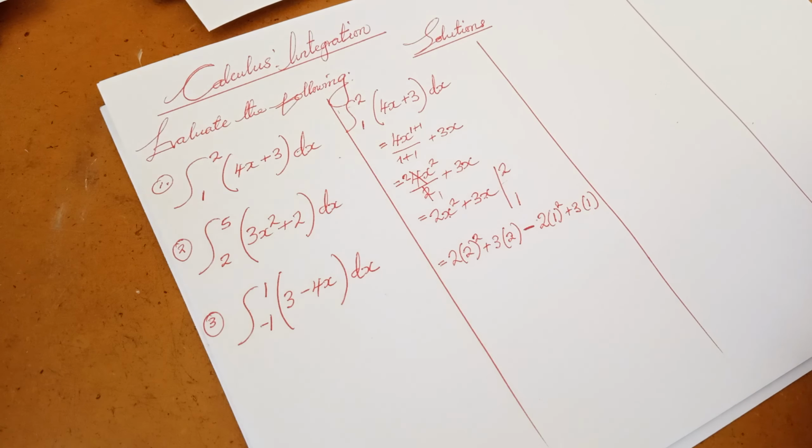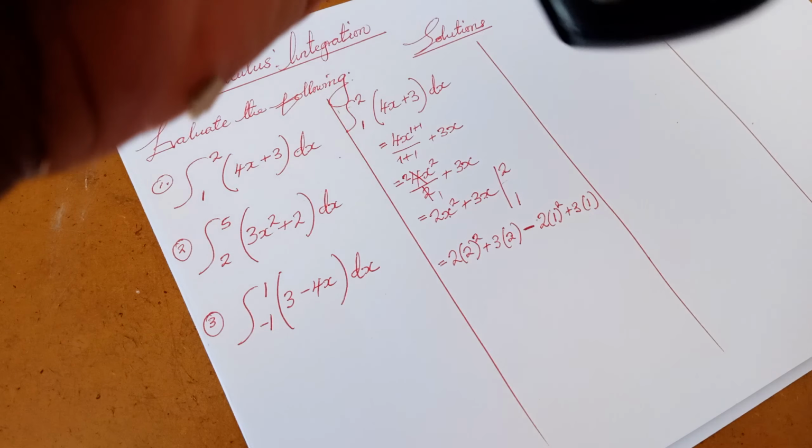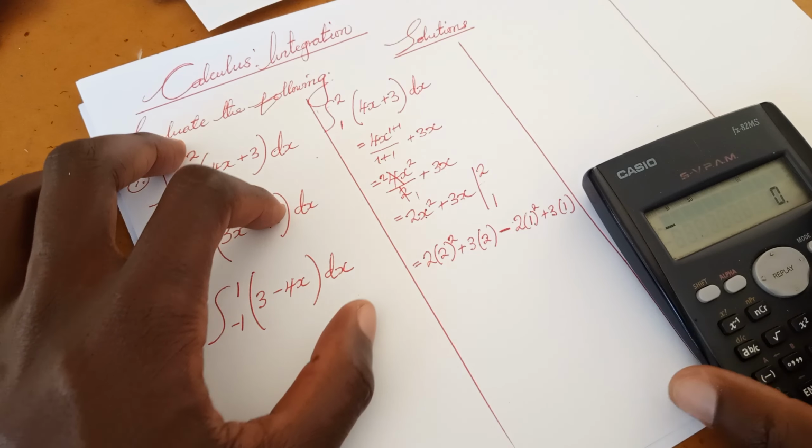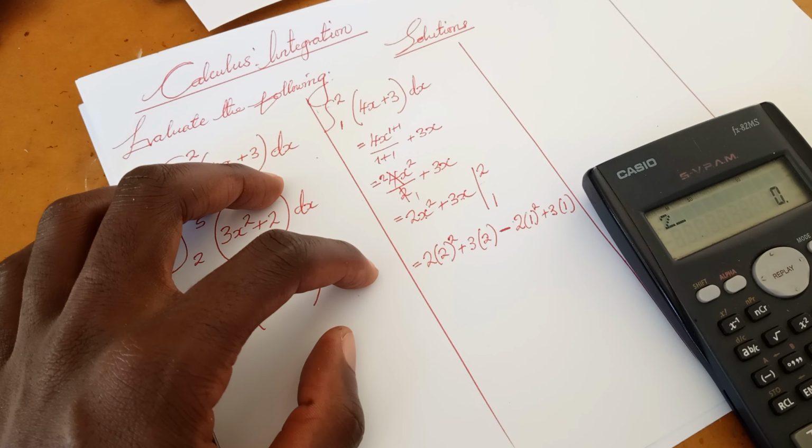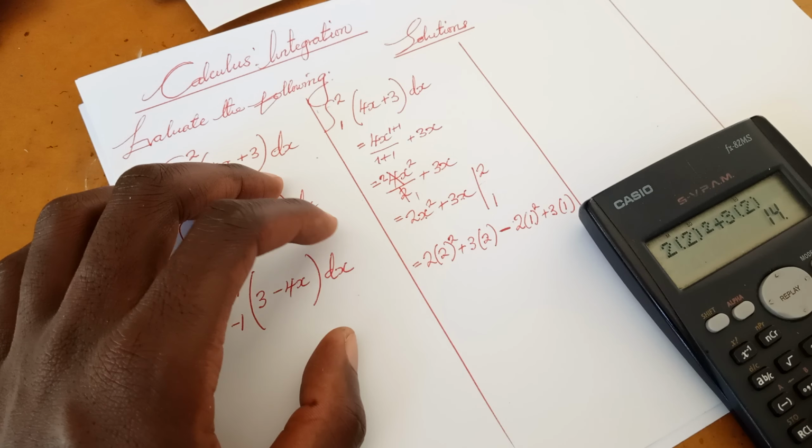So from there, we work that out. We get our calculator and punch it in. So you say 2, open brackets, 2, close brackets, squared, plus 3, open brackets, 2. What are we going to have? We're going to have 14.